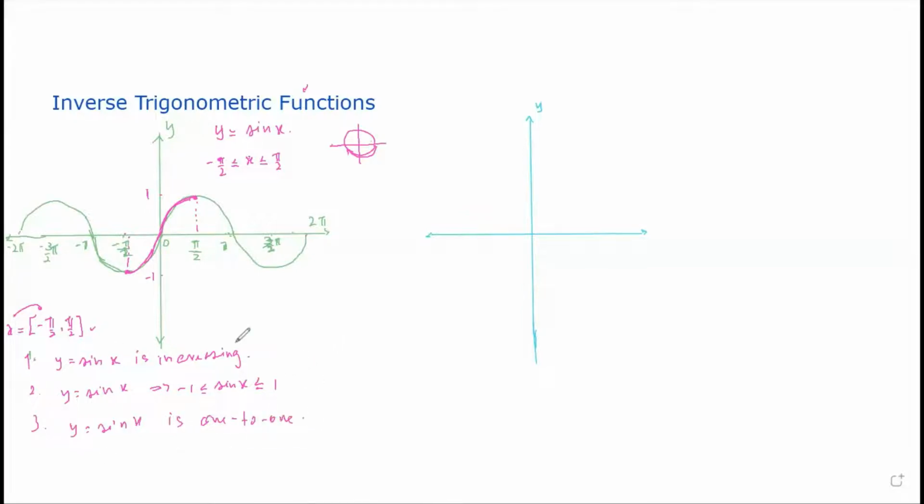So when this property happens, on the restricted domain of x, negative pi over 2 to pi over 2, then y equals sine x can have a unique inverse function, which is called the inverse sine function.